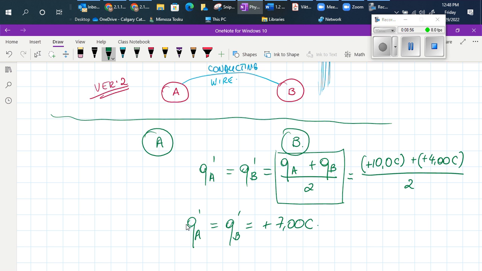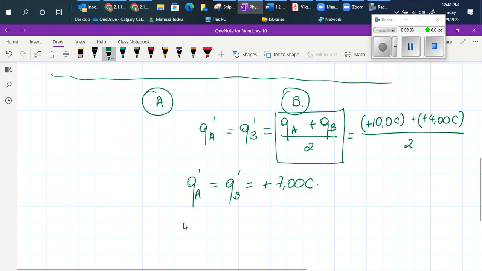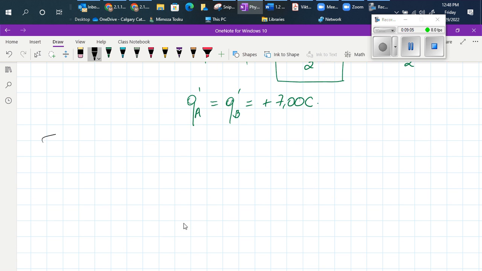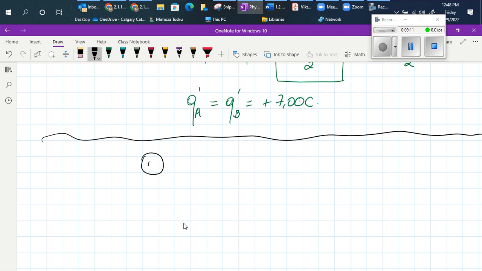In the explanation, you have a positive and a negative charge. Now here you have two positive charges. I will do another example where you have two negative charges. Let's suppose that you have a sphere A and a sphere B. Those are two identical spheres.